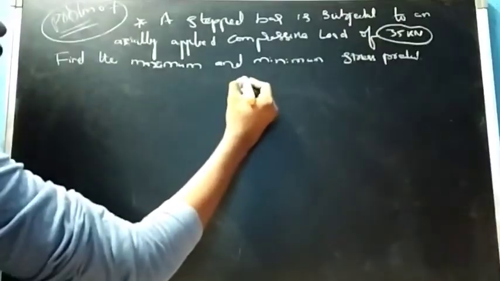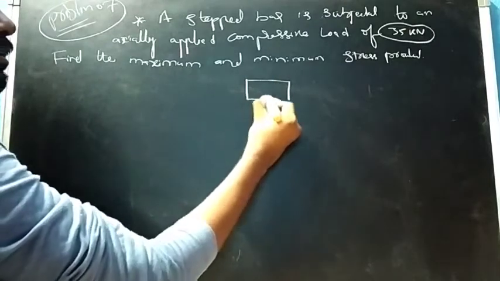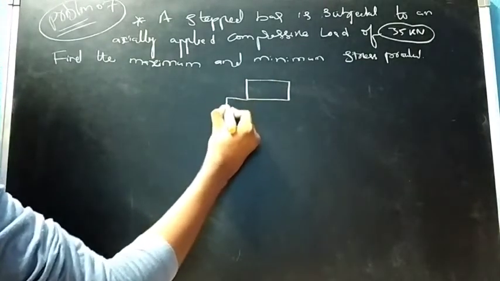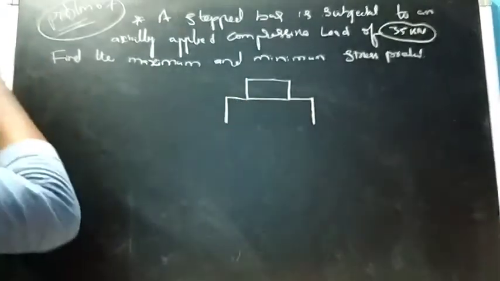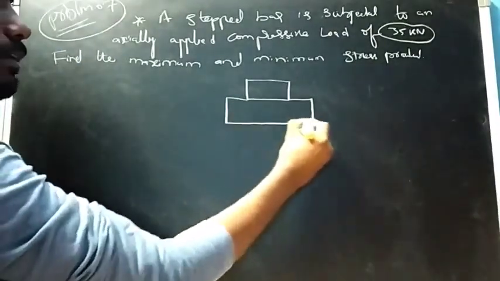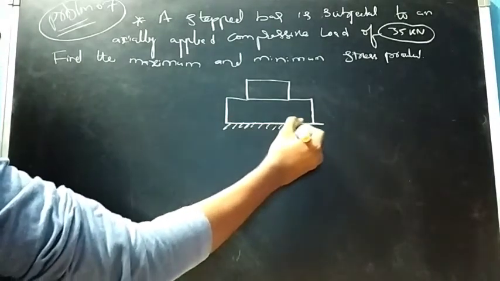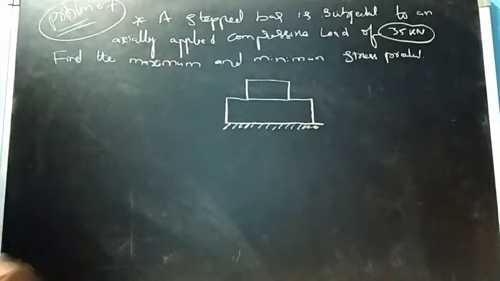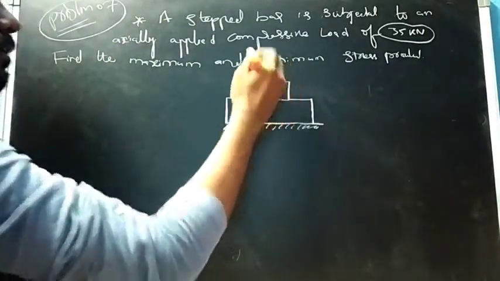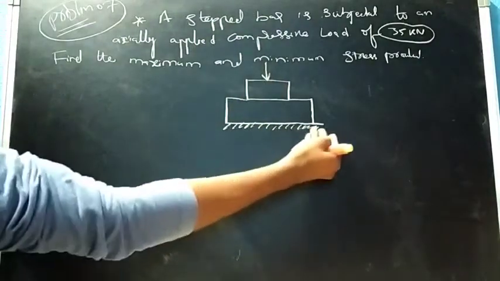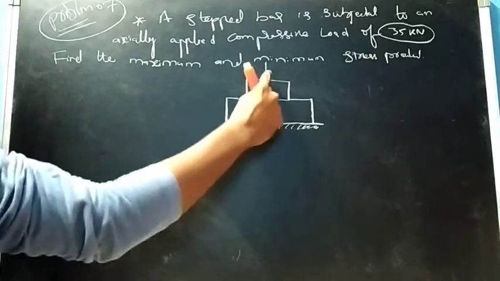So let me draw here. So it is a circular section. And the figure will be given in the question. So the axial load, compressive load, because it is fixed, it is grounded, so it will apply the force from the bottom, right?